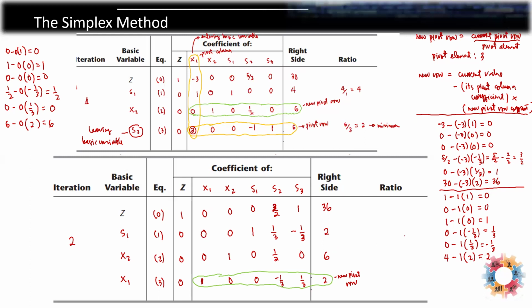And what can we say about this? The optimality test is satisfied because look at your first 0th row, the row 0. All the entries there are non-negative.